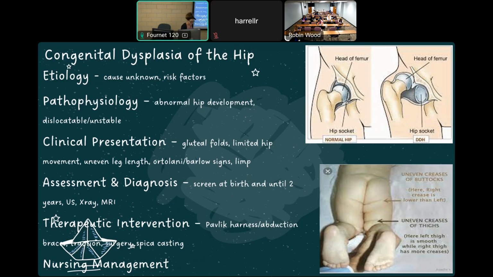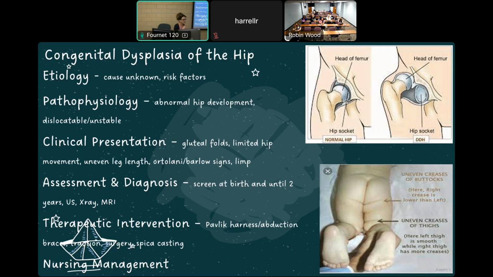So our patho here, we have abnormal development of the hip structures. You can see in the picture at the top right, on the left, there's a normal hip socket. The head of the femur rests in that acetabulum, the technical term for that part of the hip. Whereas on the right, we have developmental dysplasia of the hip, where you can see the head of the femur has migrated out.